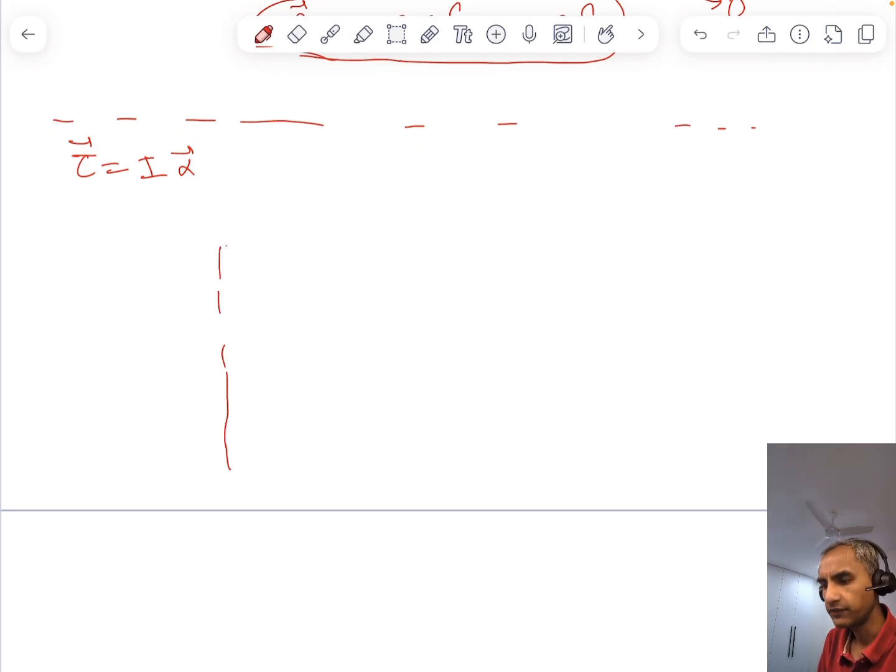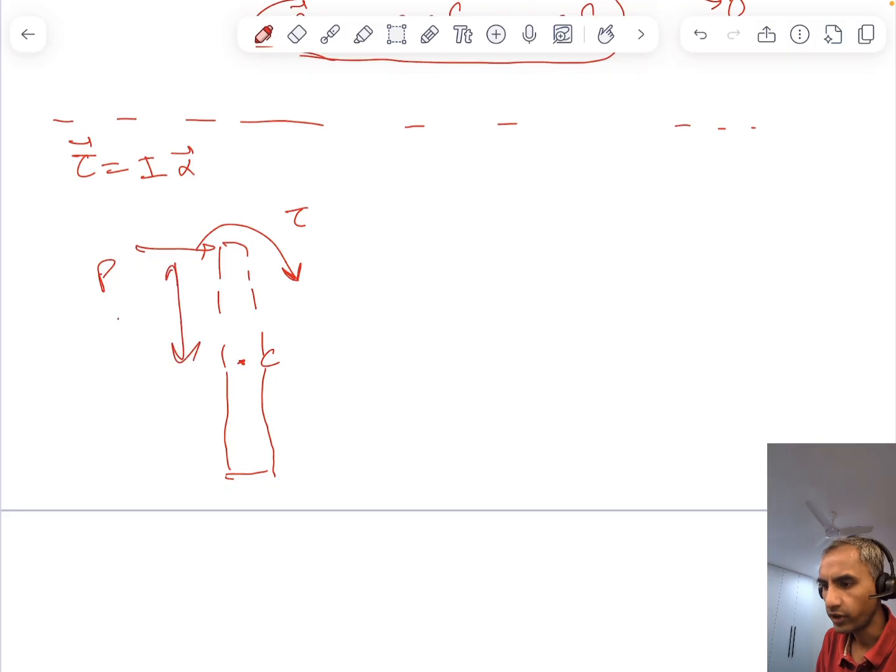We'll attach a frame over here to the central point C, to which we'll apply moments. So we have tau acting in this direction, and because the force over here is P, which is at a distance of 0.5, tau is 2 into 0.5, which is equal to 1 Newton meter, right?